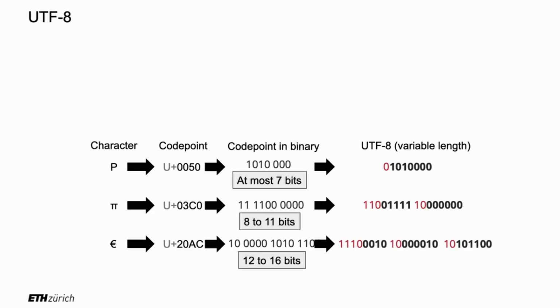And then the same goes if you have even more symbols. The euro is an example of that because it appeared much more recently, and this one is in the category of 12 to 16 bits, and in that case you need 3 packets. The first one starts with 1110, tells you it's the first of 3 packets, and then 10 and 10 for continuation packets, and then you squeeze in up to 16 bits. And then it probably goes on if you have even above 16 bits. UTF-16 is similar, except that it encodes in packets of 16, and UTF-32 just does packets of 32.